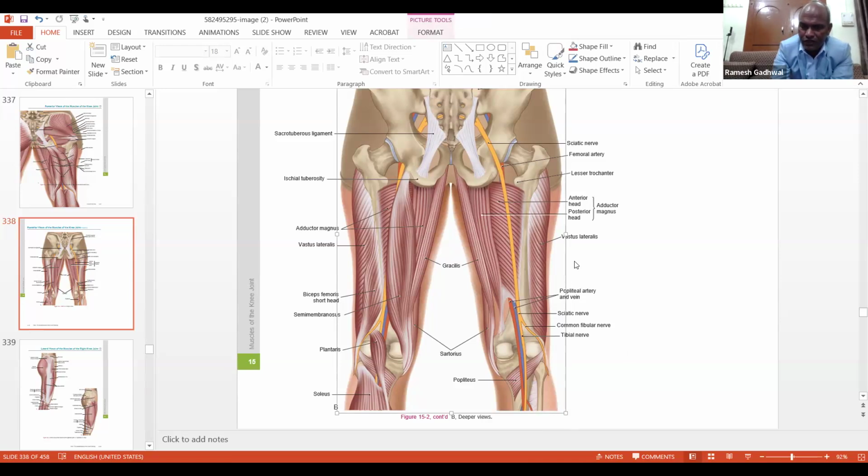Okay. If you are going on this part, the back of the thigh, then it is purely urine bladder meridian pain. You can call it urine bladder sciatica pain.